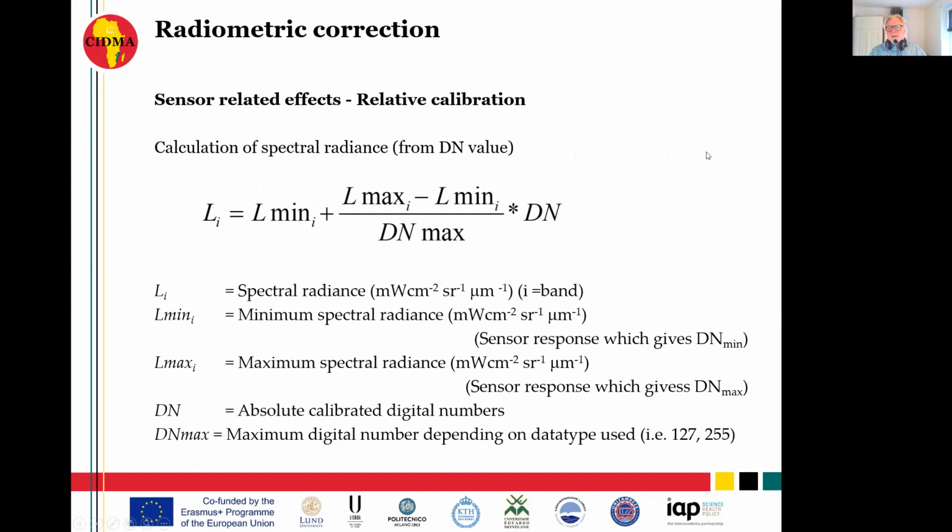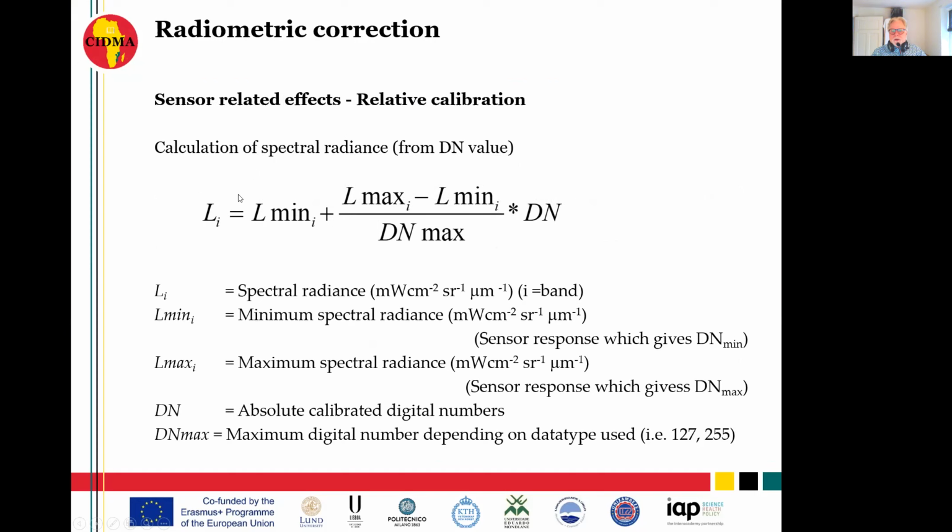Now, sensor-related effects can be corrected by a relative calibration. So instead of the DN value, that is the value we have in the pixels from the satellite data, we calculate spectral radiance. So we get an L value in the pixels instead of the DN value.